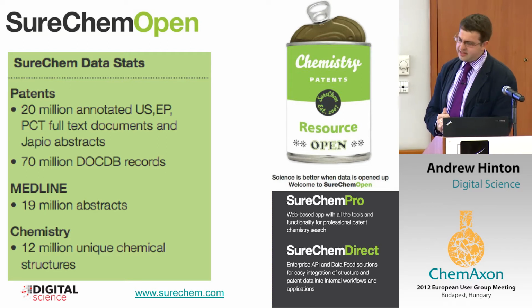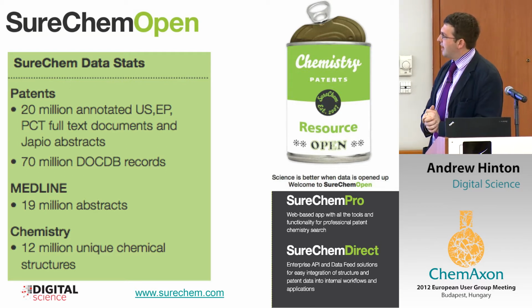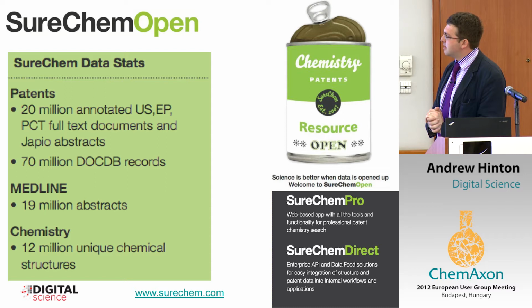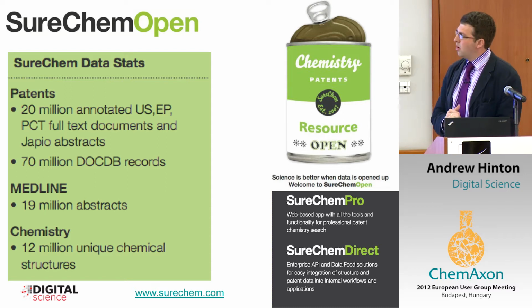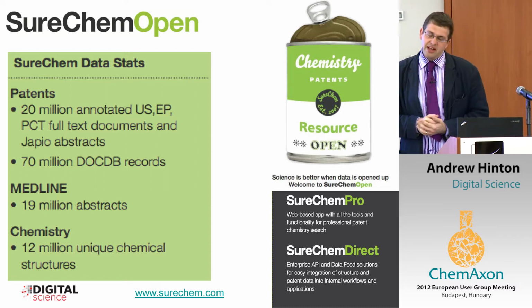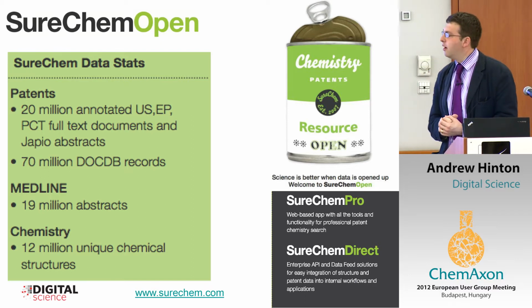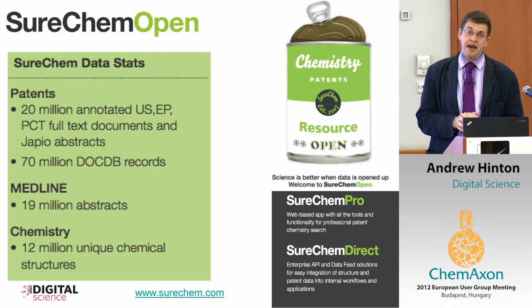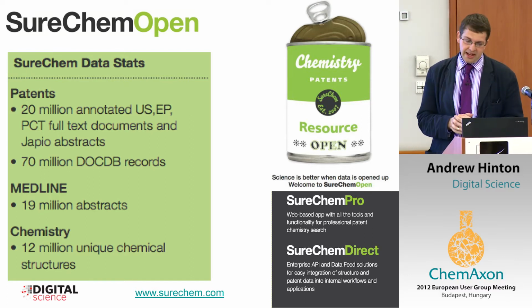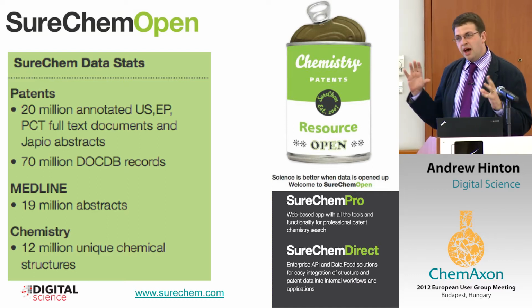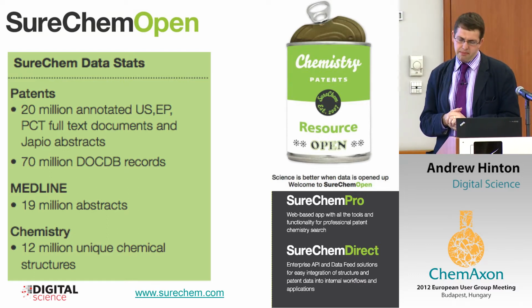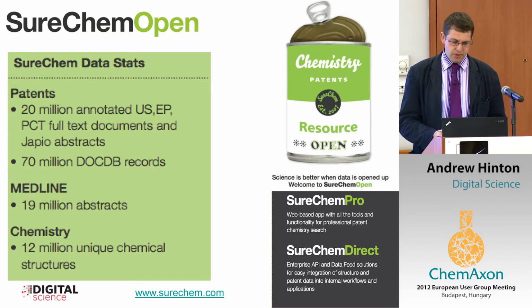This is essentially a patent chemistry mining piece of technology that automatically extracts chemistry from the text of a patent as well as clipped images, and we take the chemistry from all major patent issuing authorities.